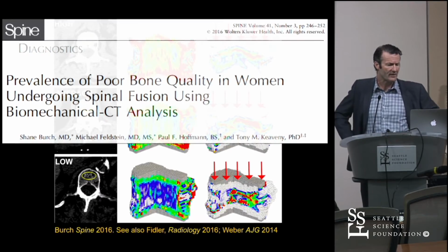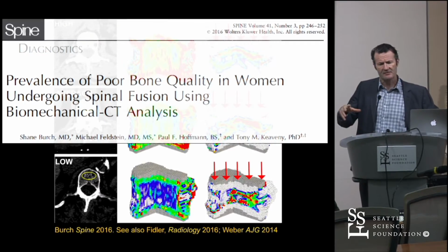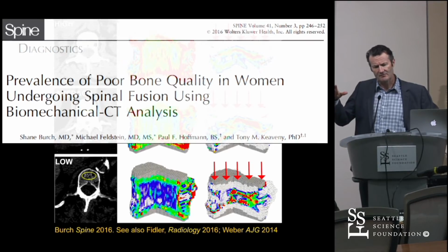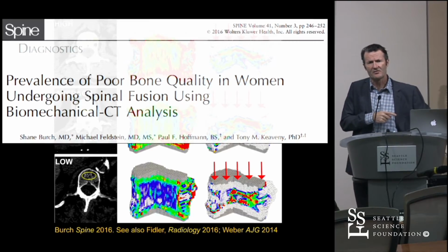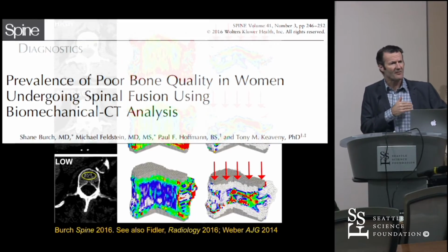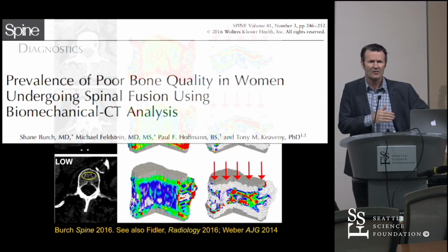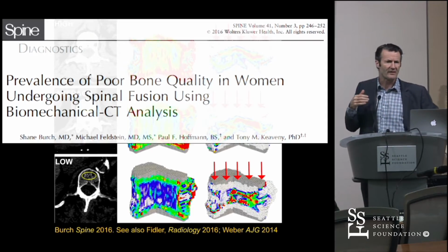So we've taken that technology and got it cleared by the FDA, and we further adapted it. In those studies I just showed you, we would use a special external phantom calibration to calibrate the scan. We've developed a phantomless technique where we use your blood and fat and air in the scan to serve as references for calibration purposes, and it works very well.